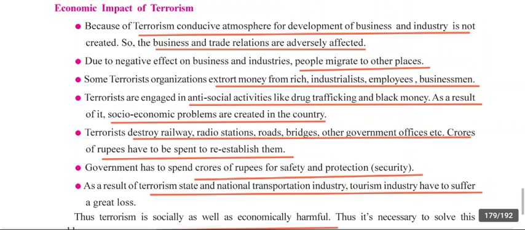Terrorists destroy railways, radio stations, roads, bridges, government offices, and for the rebuilding and repairing of all this, not just crores, billions of rupees are spent, which damages the economy of the nation. Government has to spend billions of rupees for safety and protection from the terrorists, that is, the military, the RPF and paramilitary forces of India.